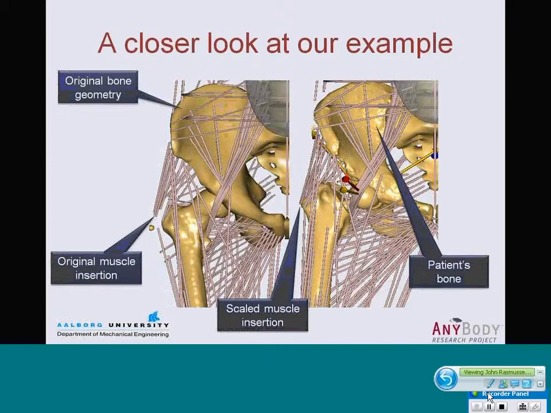So notice that when we have the original data from the scans, which we have in case of the bones, we might as well use those bones in the model. But what is really important here is that all of the muscles are now inserting on the correct places on those bones, because all of the muscle points have been routed through the RBF mapping that comes from comparing those 2 sets of bones.